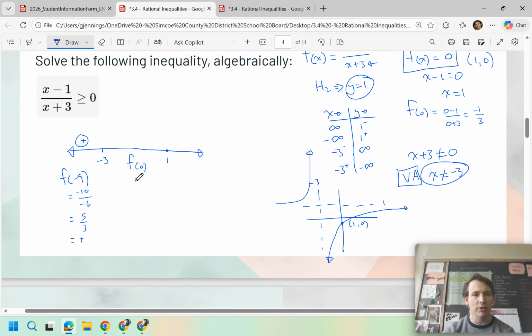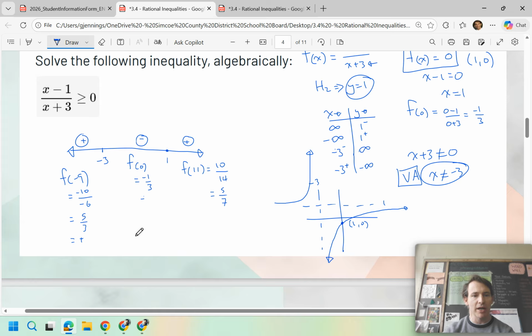We already evaluated that. That's -1/3, a negative number, so we are negative in this range. And then after 1, let's test a point like f at 11, because that gives us 10 over 14, which is a fancy way of saying 5/7, but that's a positive number. Okay, so that's how I get those.